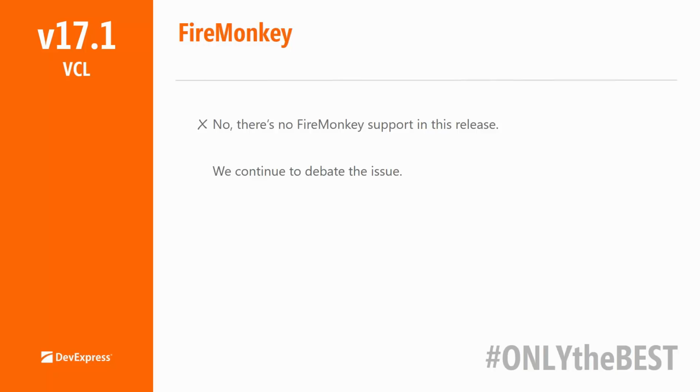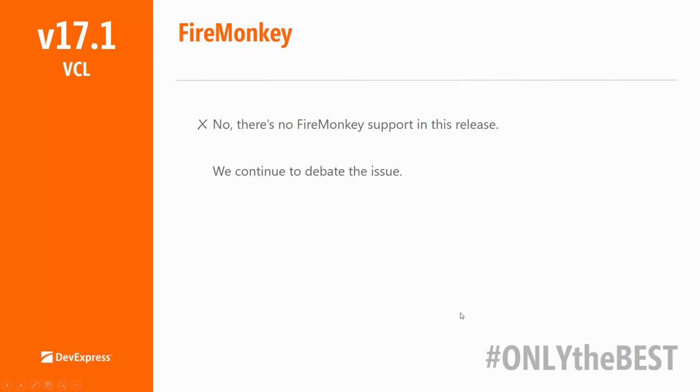We're debating whether to continue with it to release a FireMonkey suite in the future. So for 17.1, no, there is no FireMonkey support. But 17.2, I don't know. Just lock the team in a room and see what they come up with, maybe. I don't know. Feed them through the door. I don't know. We'll see. As I say, we continue to debate the issue.